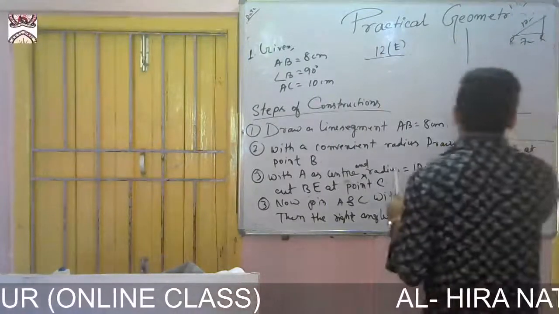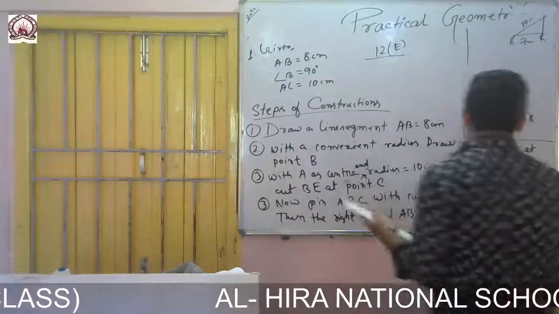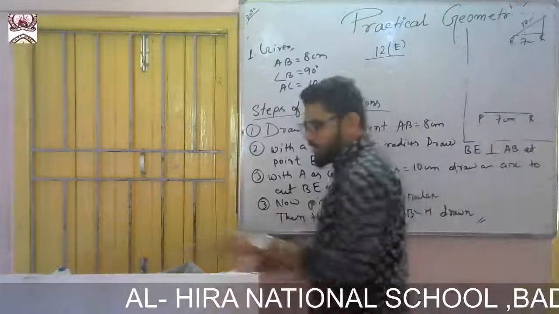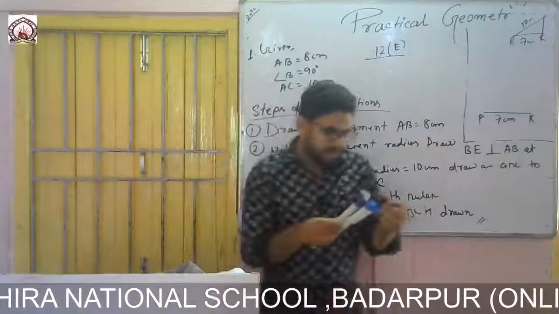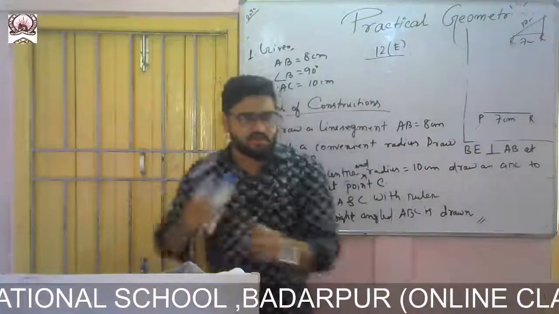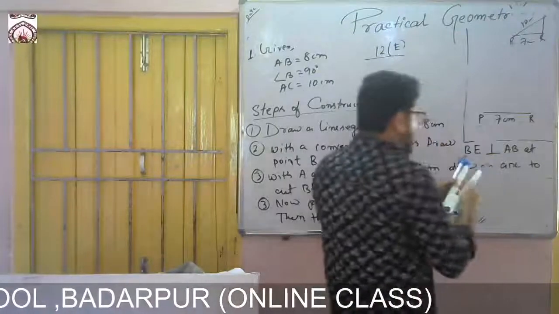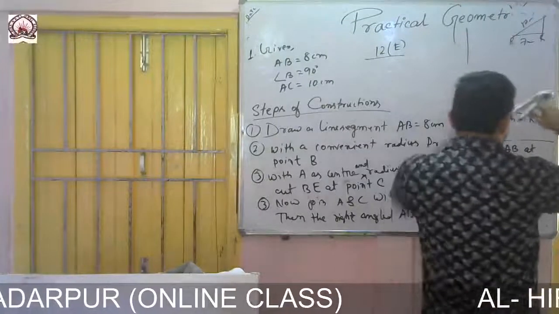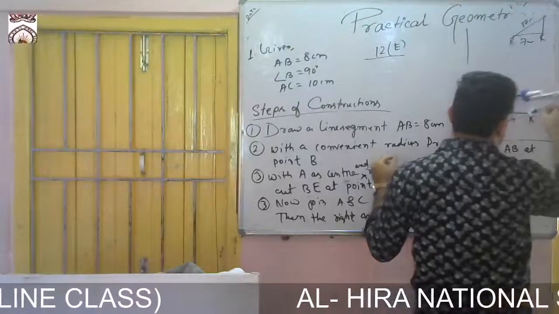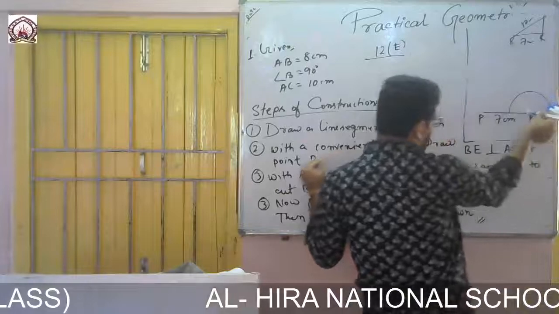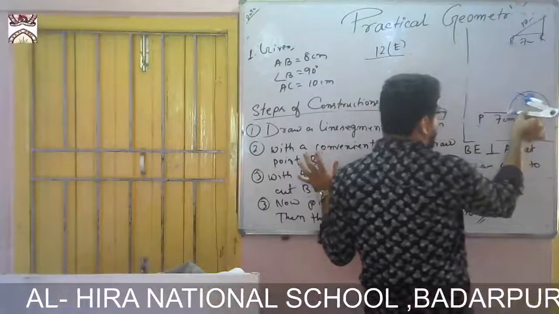PR 7 centimeter I have taken. Now at R I shall draw 90 degree. Take a convenient radius, and draw at R. Pointing at this one, draw one arc.